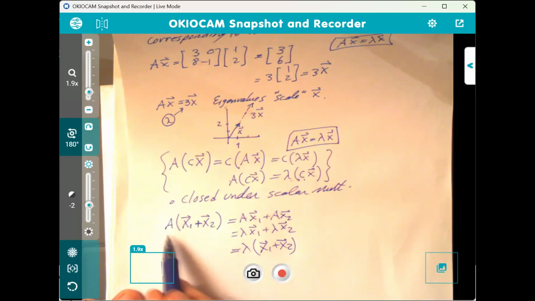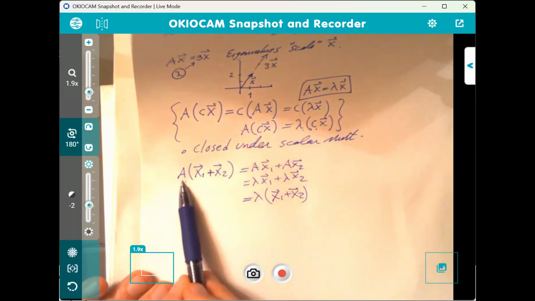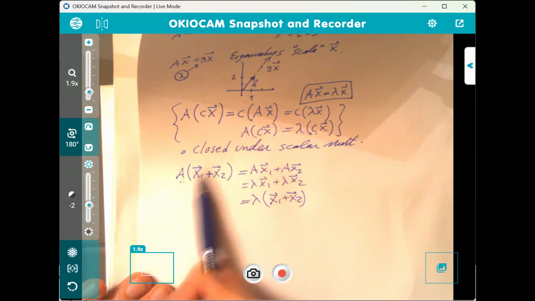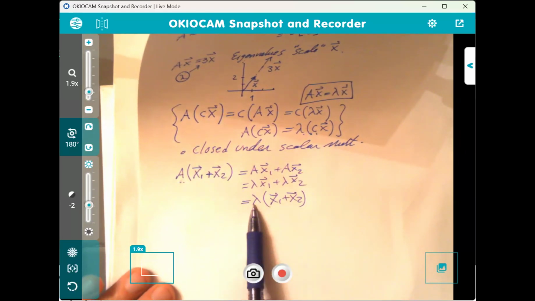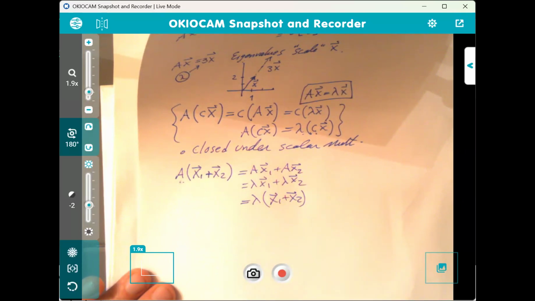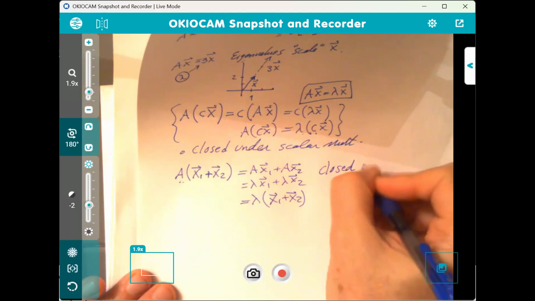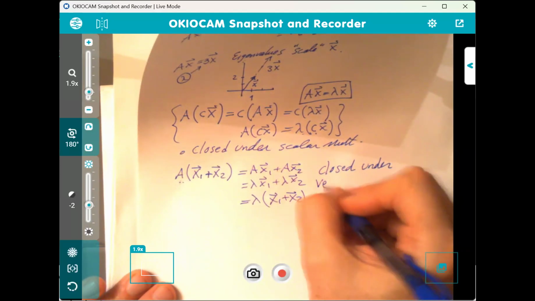True. So therefore, we just showed that a square matrix times the sum of two vectors is a vector, equal to lambda, a scalar, times the sum of the same two vectors. So we just showed that this operation is closed under vector addition.